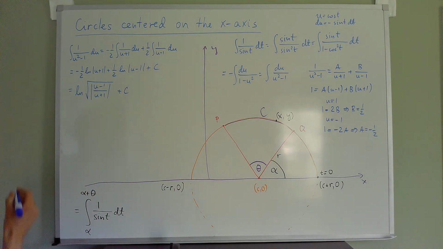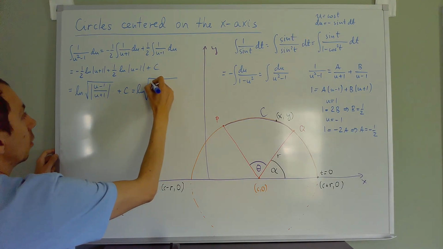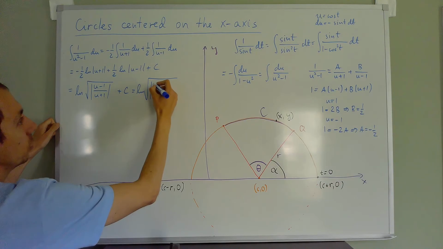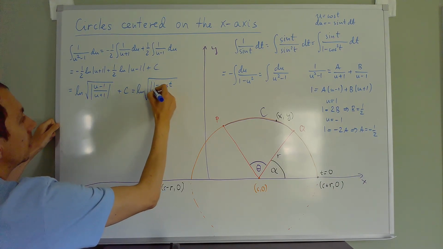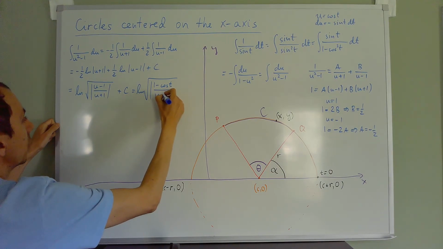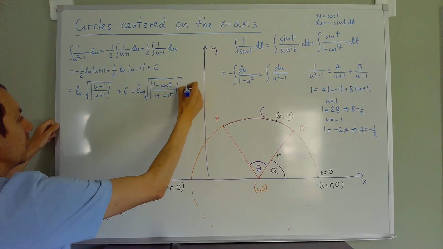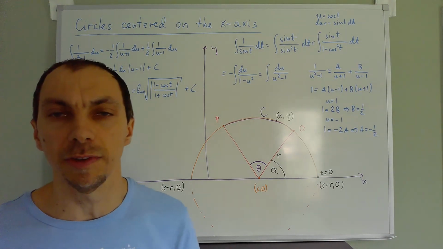And my u is cosine t, so that's natural log of the radical of, well, because I have absolute value, I can switch the 1 and the u, so I can just write 1 minus cosine t divided by 1 plus cosine t plus c. Okay, so that's one form of this antiderivative.